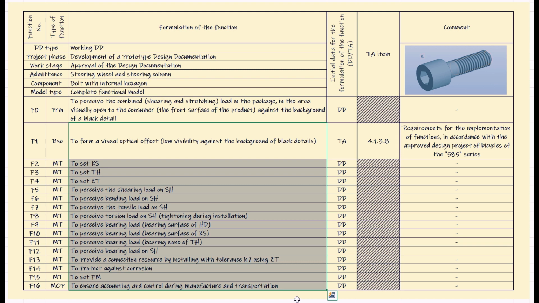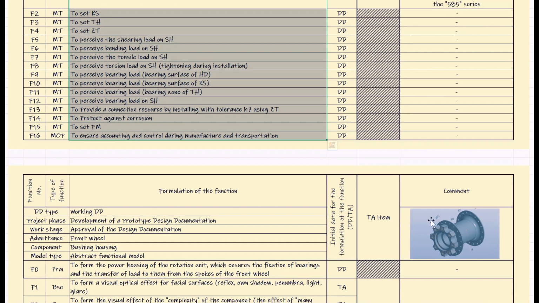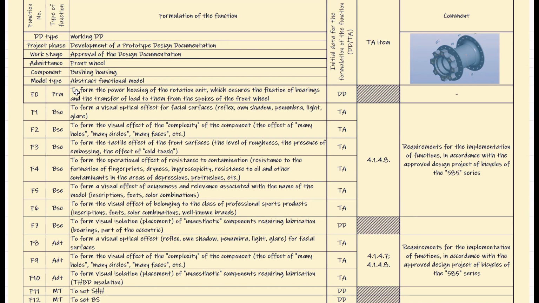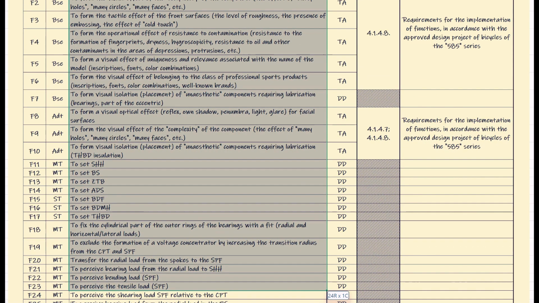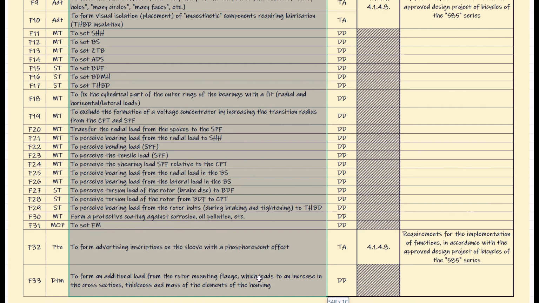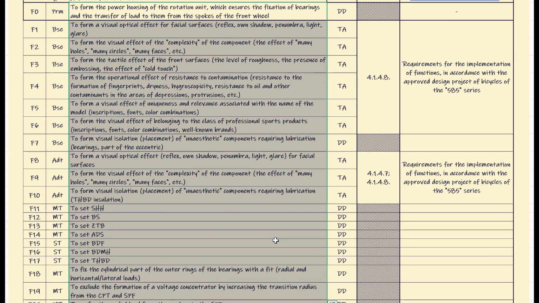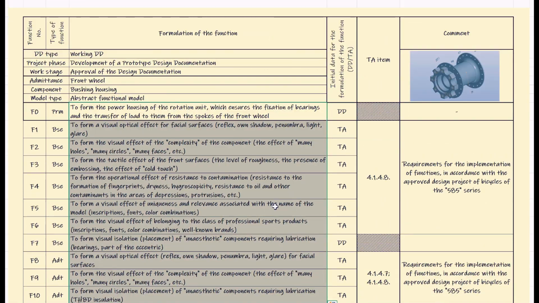The formulation, based on the standard table of functional basis, of the technical requirements section of the technical assignment document is possible only with a reservation for the additional complexity associated with the need to expand the formulations of functions to the textual form characteristic of the technical assignment and the extended functional basis.